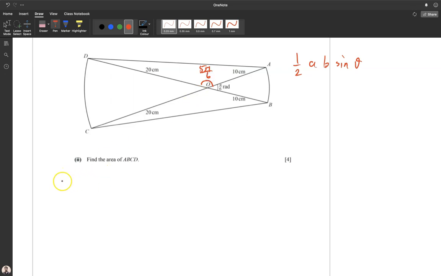So let's try that first. 2 triangles, and each triangle is half AB sine 5 pi over 6. I'm using this formula to calculate the area of this triangle and this triangle.